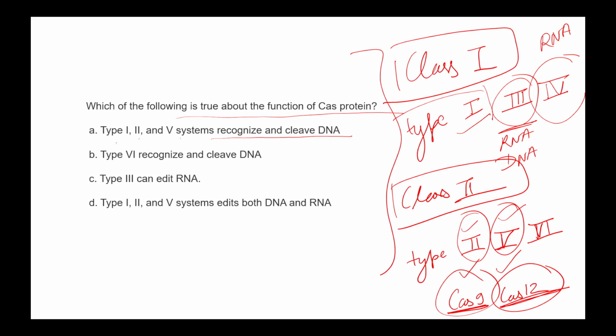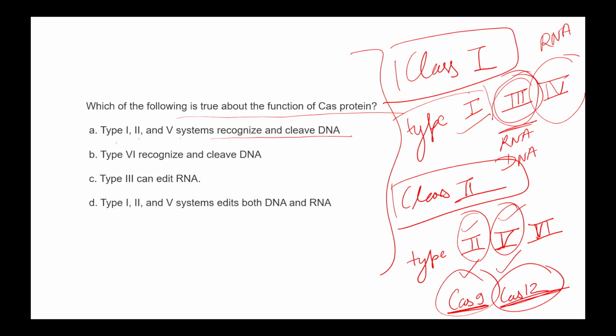So these Cas proteins are basically nucleases. That means they will break the nucleic acid. There are categories which define the specificity. So type 1, 2, and 5 Cas proteins can recognize and cleave the DNA, which comes under nucleic acid.